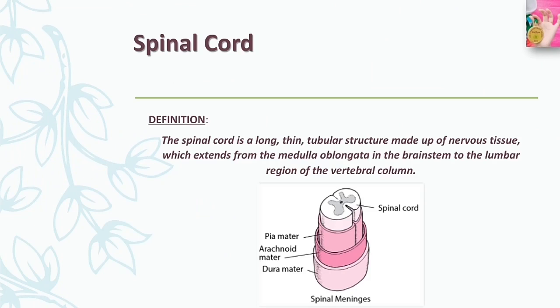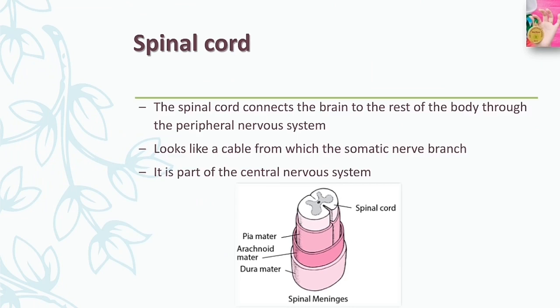The spinal cord is a long, thin, tubular structure made up of nervous tissue which extends from the medulla oblongata in the brainstem to the lumbar region of the vertebral column. The spinal cord connects the brain to the rest of the body through the peripheral nervous system.